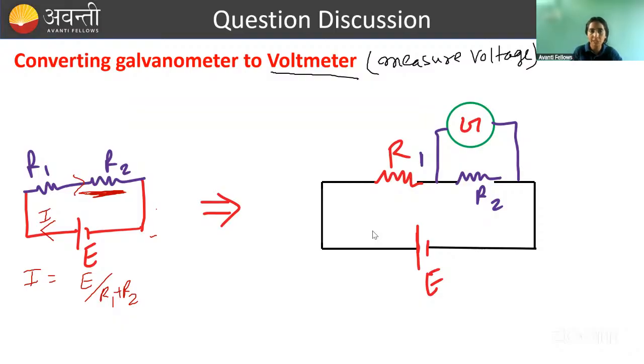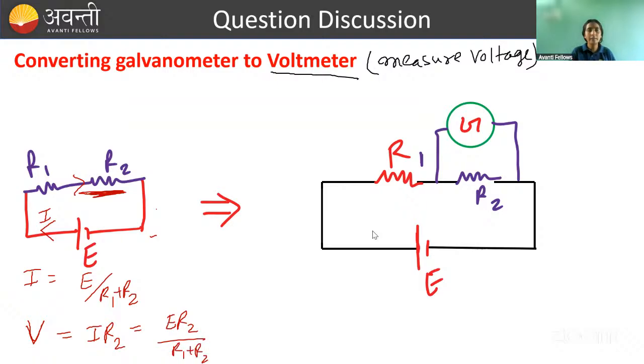R2 के क्रॉस वोल्टेज क्या होगा? So voltage that we want to measure, that is voltage across R2 is equal to IR2, right? So IR2 you want to measure, that is ER2 by R1 plus R2 you want to measure.